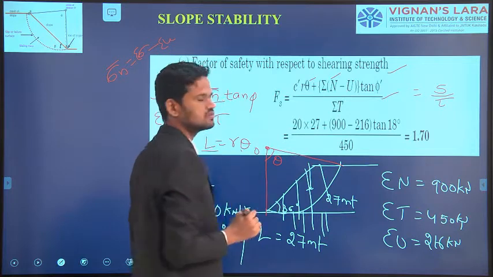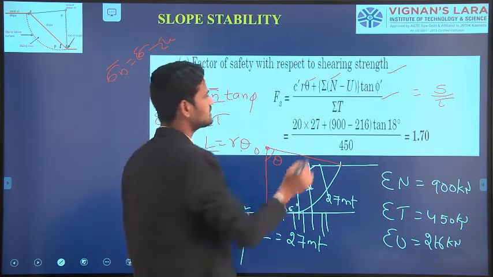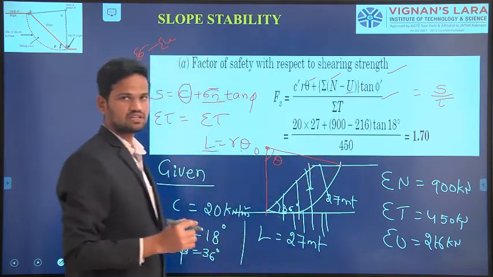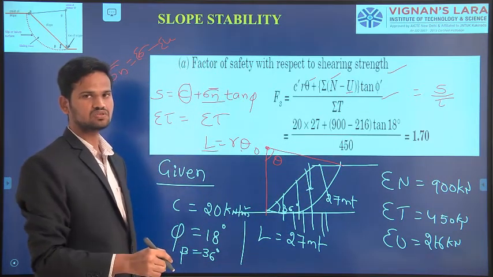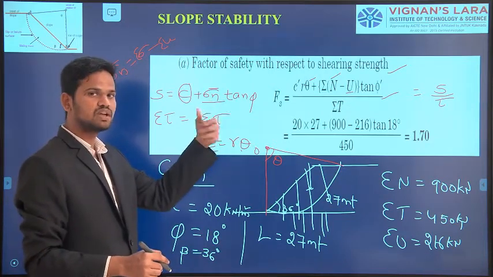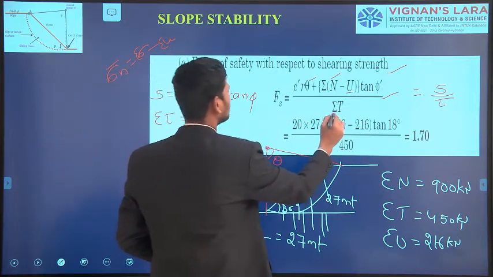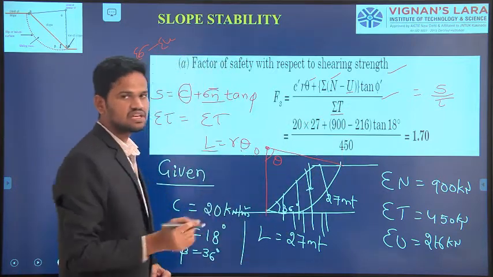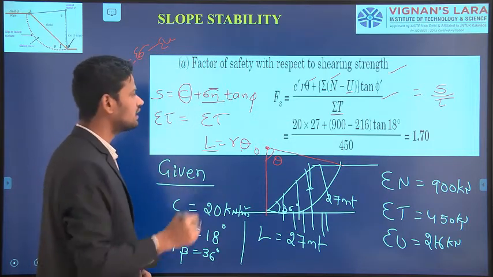That means summation of n is the normal force, the total stress, and mu is the pore water pressure, because there is some amount of water table present in the underground soil. The water entering the slope may reduce the effective stress. Again, summation of T is the shear force, which leads to failure of the slope, as given in the problem.